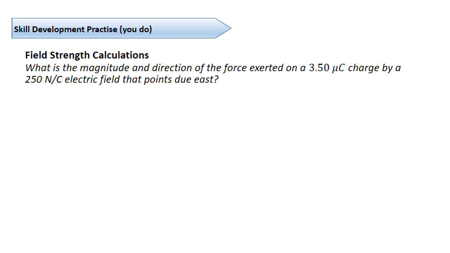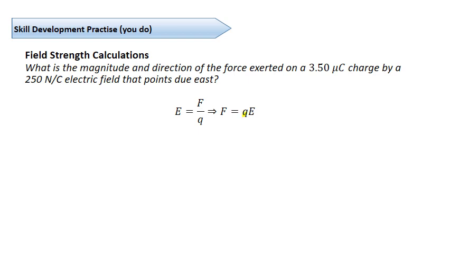Okay, another problem. What is the magnitude and direction of the force exerted on a 3.5 microcoulomb charge by a 250 Newton per coulomb electric field that points due east? We have our formula E equals F on Q, and if we rearrange that, we should get F equals QE.